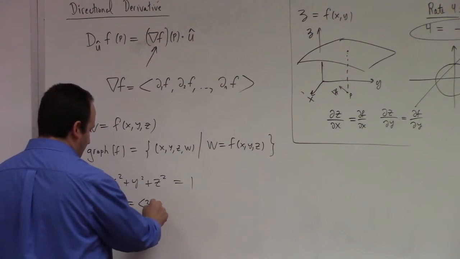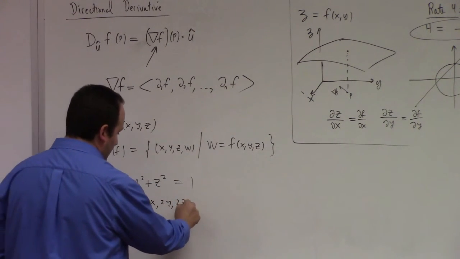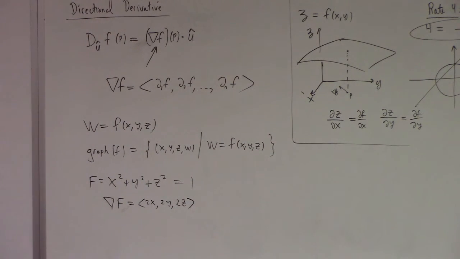You get 2x, 2y, 2z, right? If you plug a point in on the sphere, that points in the direction in which you find the next sphere, the next level up. It points directly away from the surface of the sphere. That's the geometric meaning of the gradient. But now I'm getting into a future lecture, so I'll shut up. Have a good weekend.